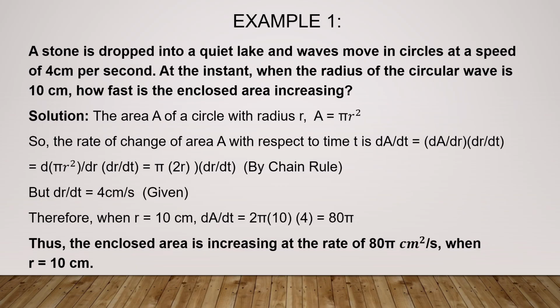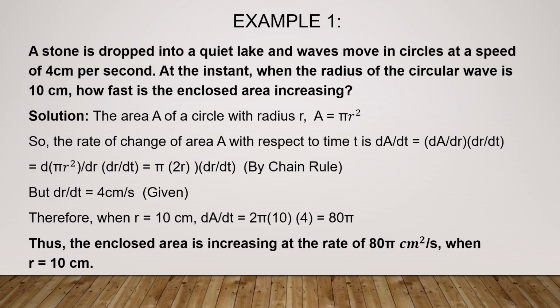Now, first of all, what you have is the area of a circle. Because it is in the circular form, you know the formula of area of a circle. It is pi r square. So, rate of change means derivative. Rate of change of area with respect to time t is dA by dt. But your area is a function of radius.